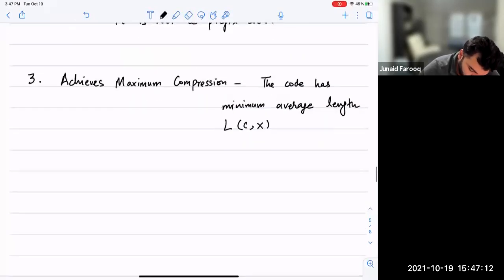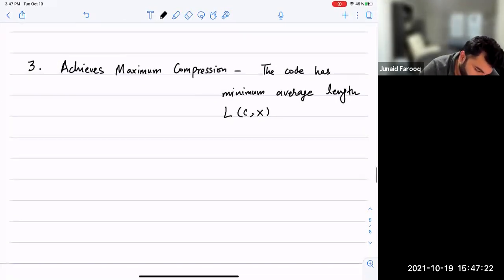Okay, so let's see what this average length of the code is. We've already seen code with code words and their lengths, but we didn't look at the average length of the code.